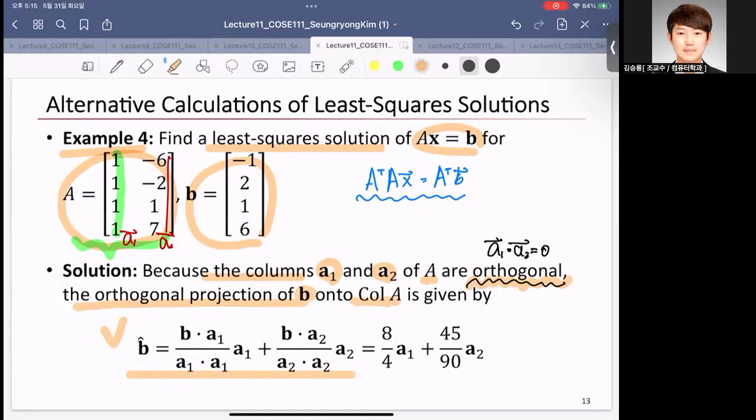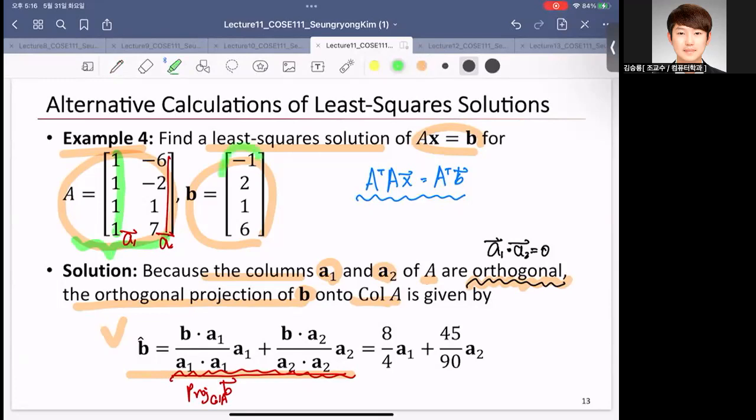This is just the equation for the projection of vector b onto subspace W, in this case the column space, then you can easily compute this one. Because A1 and A2 are orthogonal, A1 and A2 are an orthogonal basis, so you can easily compute this one.